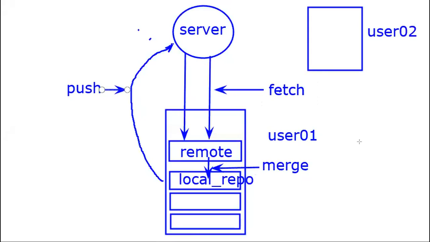Now you will be able to see it clearly. So this is clear: what is fetch and merge? This is the indirect method.